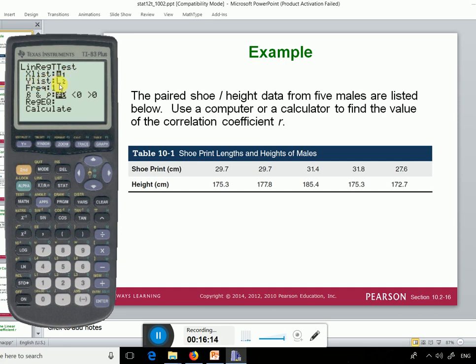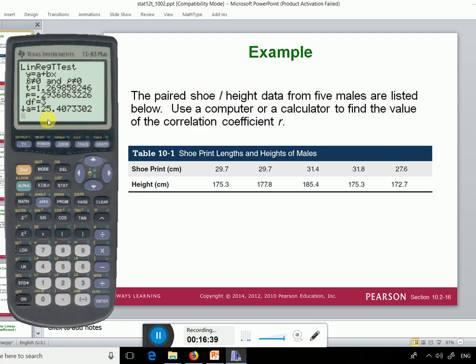This is the value that we entered before. Now everything here you should keep as the default value. So frequency is 1. Keep them the same and go to calculate, click enter.